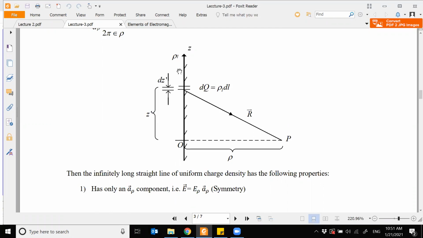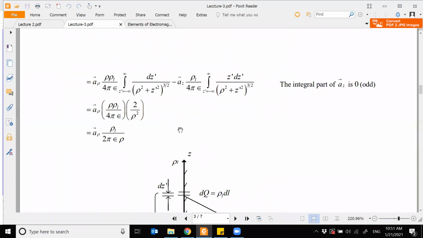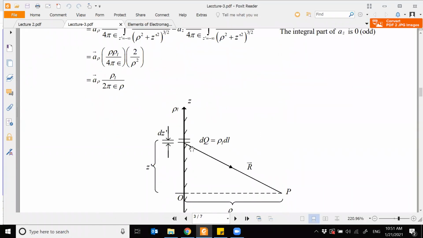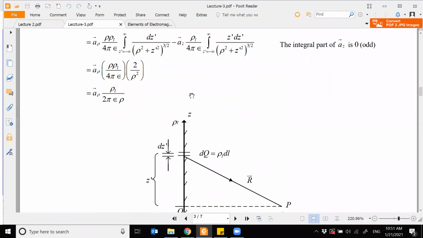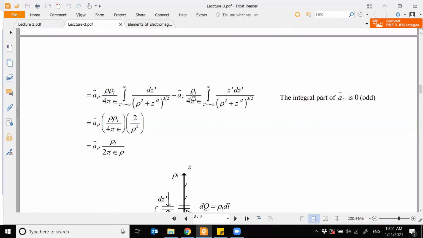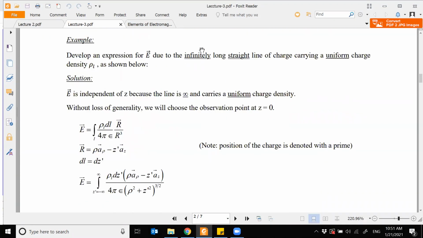If our line is not straight, then this will not be valid, because the integration becomes more complicated. You have to divide the line into different parts and then do the integration. So remember, that's why infinite, straight, and uniform, all these three are important. Okay. So we will stop here.